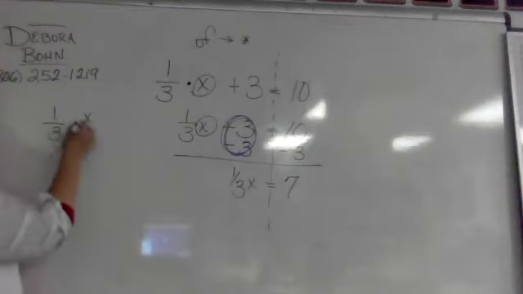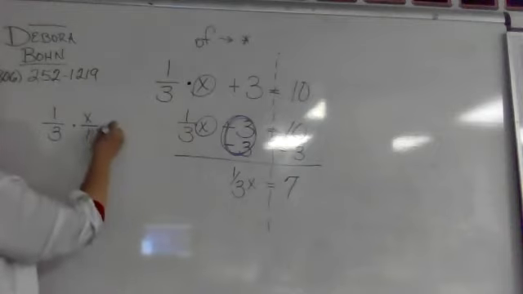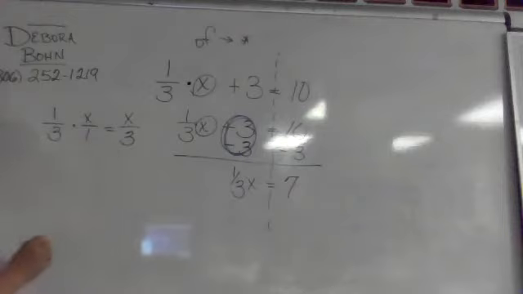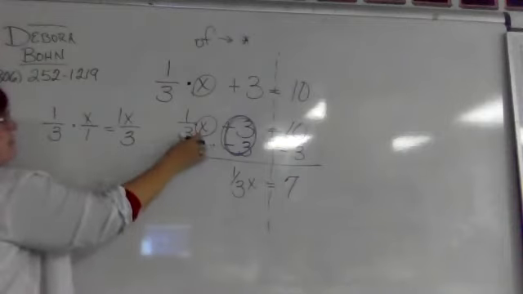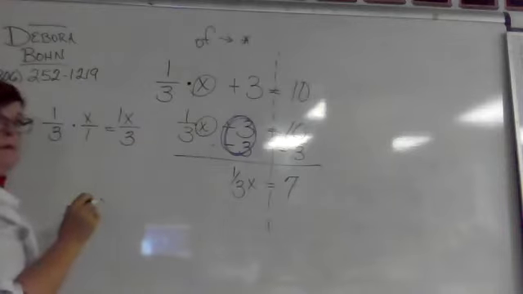Well, if I want to multiply this, I'm going to make both of them be fractions. So 1/3 x is actually the same as x over 3. Y'all see it because it's 1x over 3. So if you're going to write a fraction with an x, put the x on top if you want.